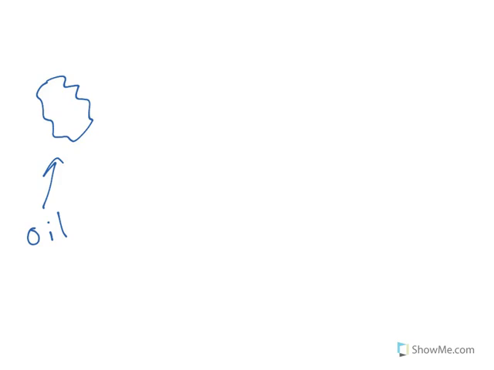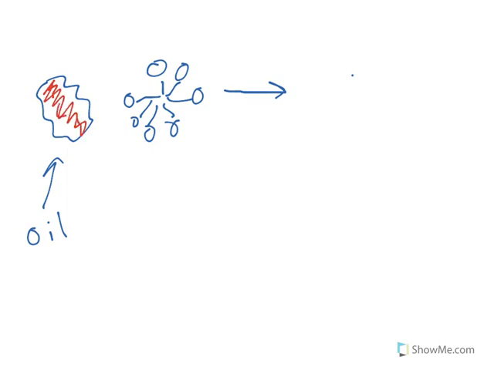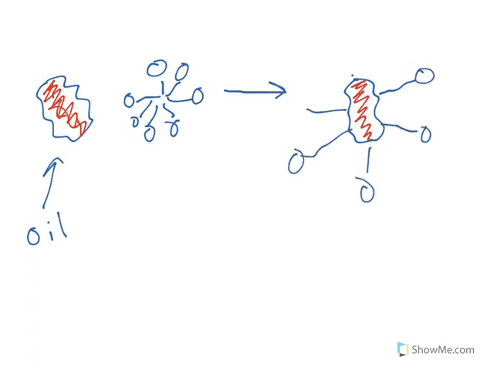So what happens if you actually take one of these micelles of soap? Well, what they can do is break apart and then reform around the oil. So I'm going to color the oil in red here. What I've got on this cartoon now is that the soap micelle has opened up and then reformed around the oil.